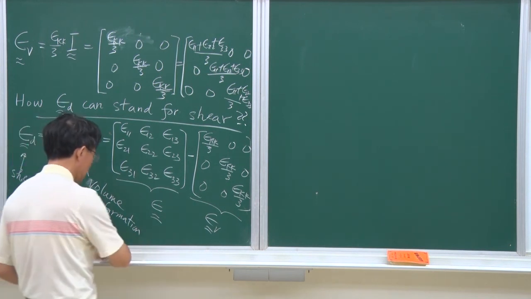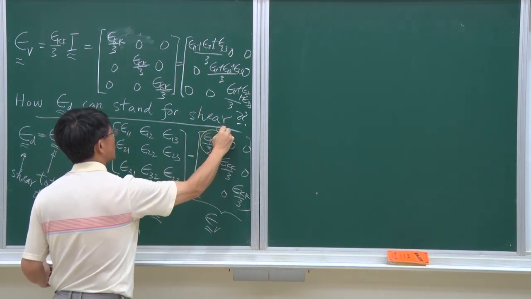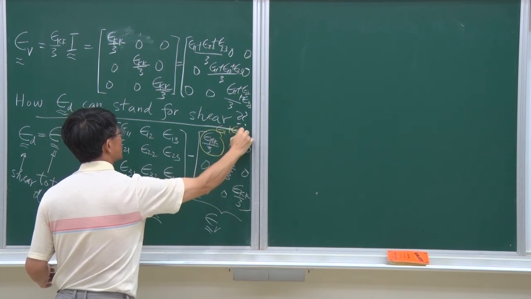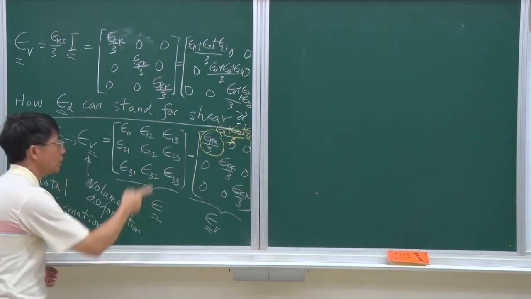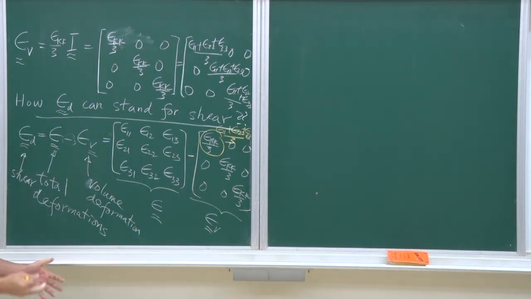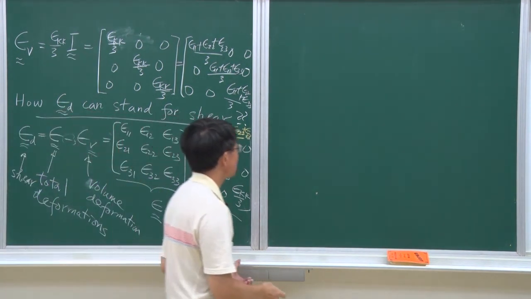And then we replace this term by this. And then put these two matrices together to get this.